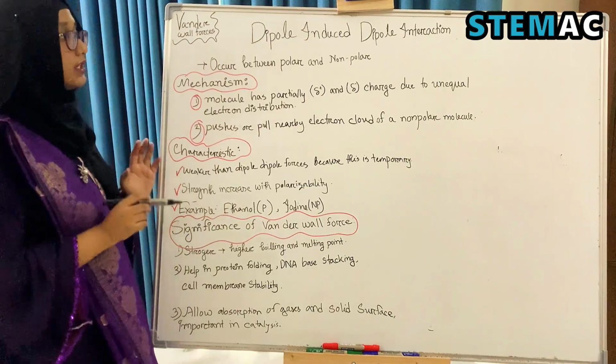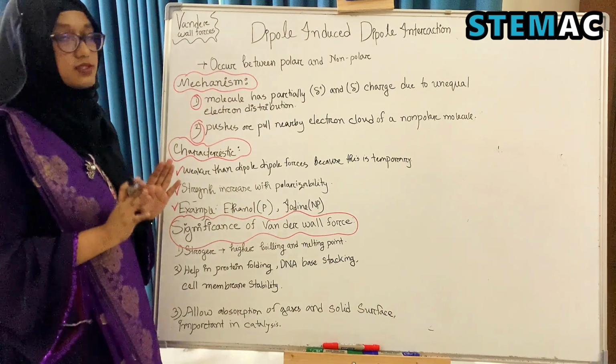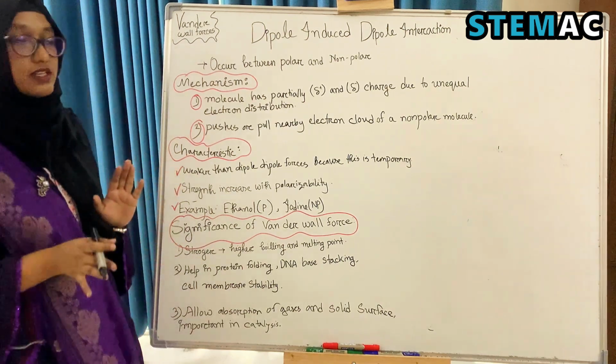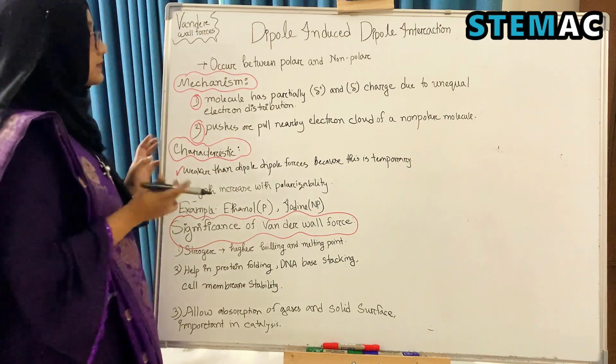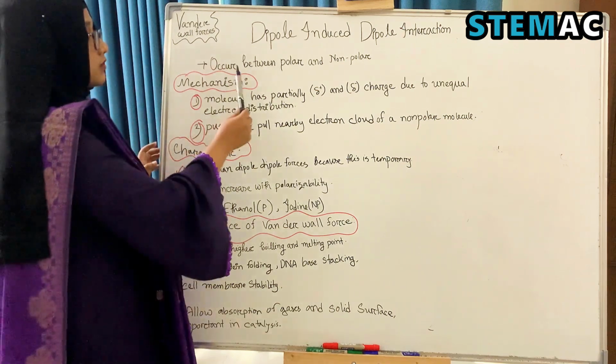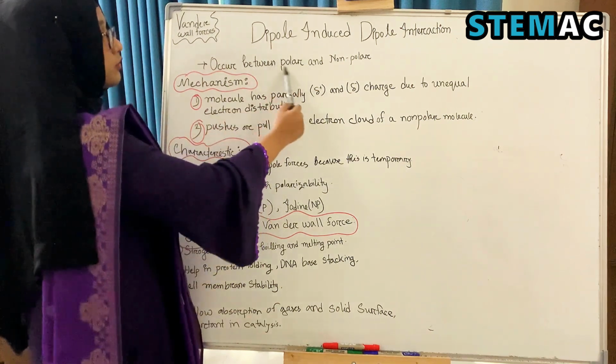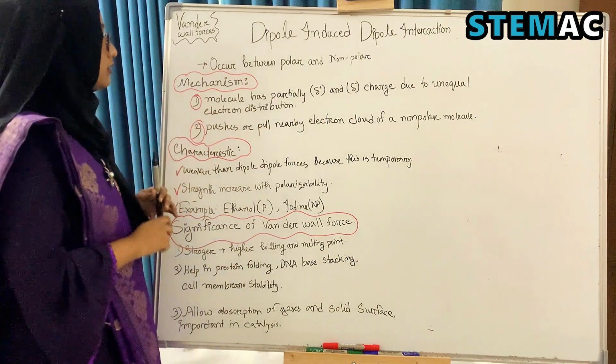Lastly, today we're gonna learn about dipole-induced dipole interaction. This is the last point of van der Waals force. It occurs because of the attraction between polar and non-polar molecules.